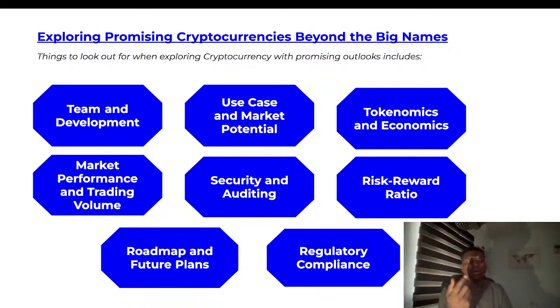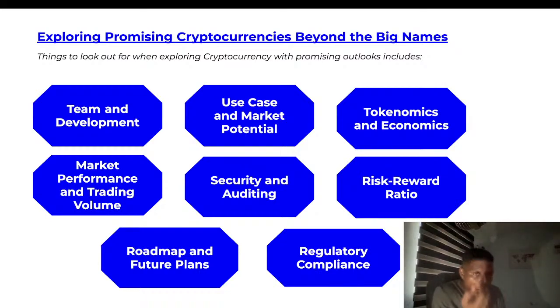Okay. Now, market performance and trading volume. One thing that you need to watch out for is what has been the market performance of this cryptocurrency and what has been the trading volume.